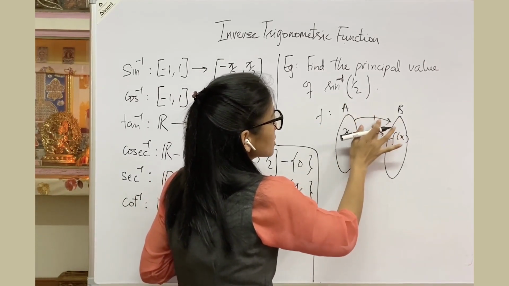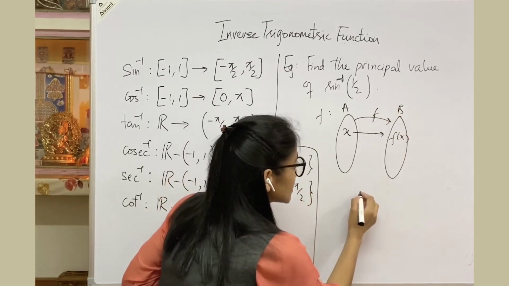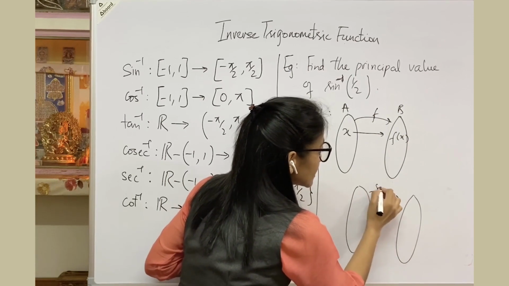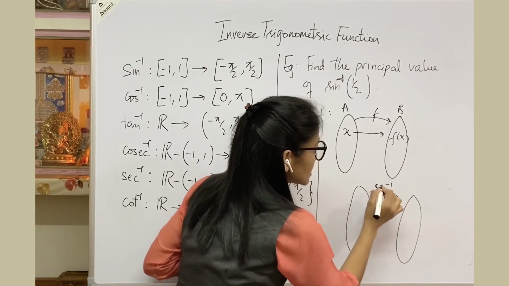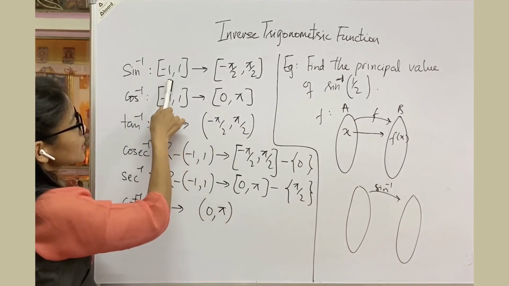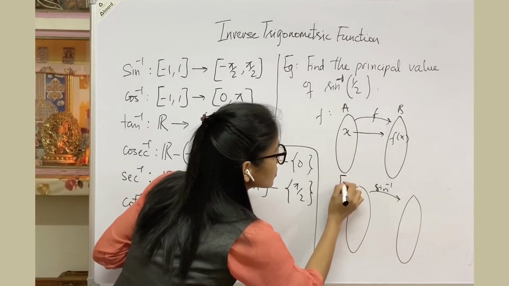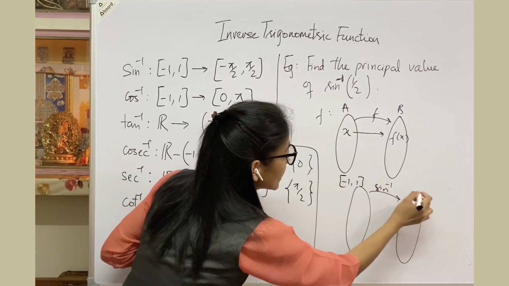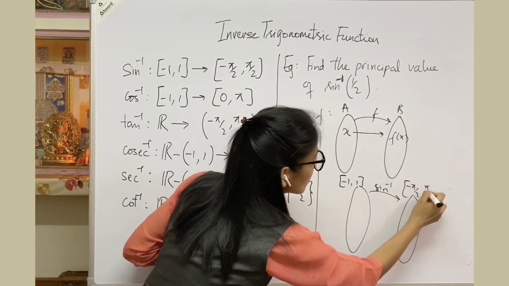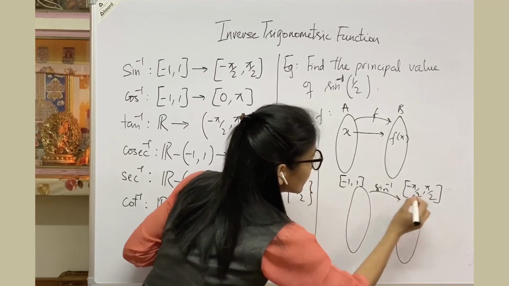Now here my function is sine inverse, and its domain is the closed interval -1 to 1, and its principal branch is -pi/2 to pi/2, right?